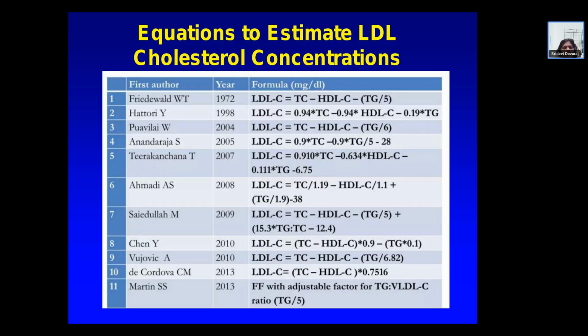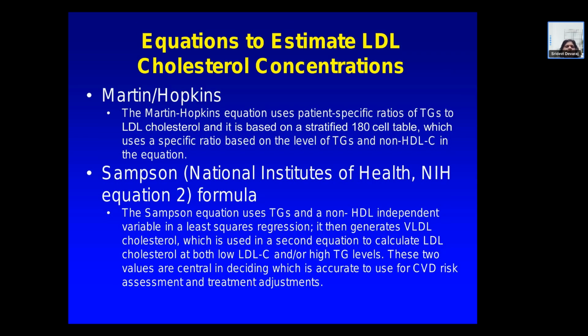So many equations have been derived based on a different triglyceride to cholesterol ratio. And these are all listed on this slide. And I'm not going to go through all of these except two equations which are most commonly used in clinical laboratories. So the first one that came about was the Martin-Hopkins equation, and it uses patient-specific ratios of TG to LDL.